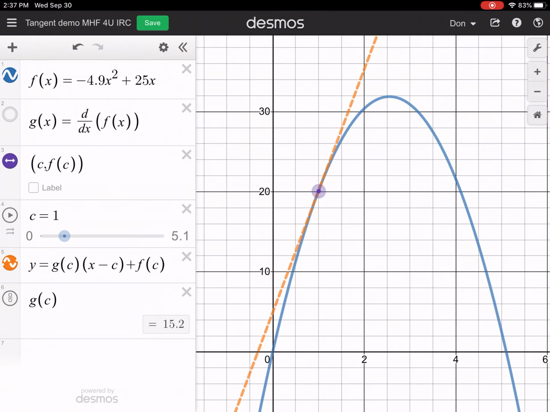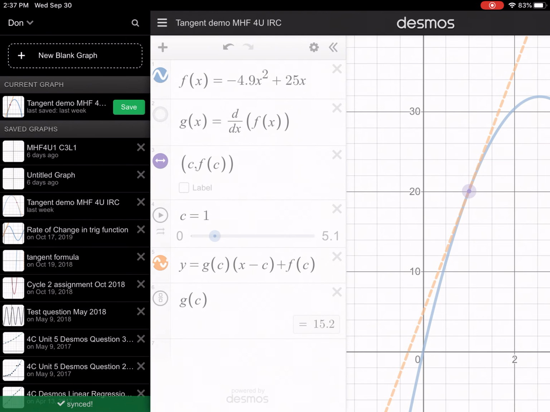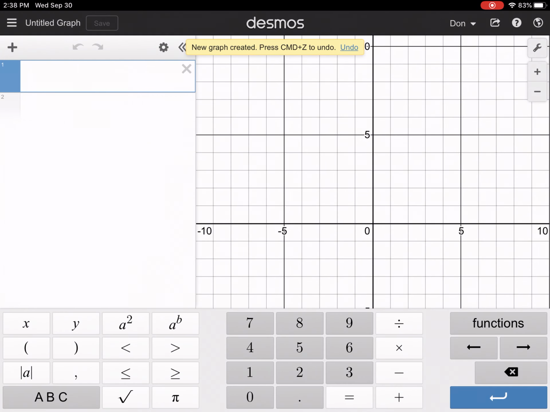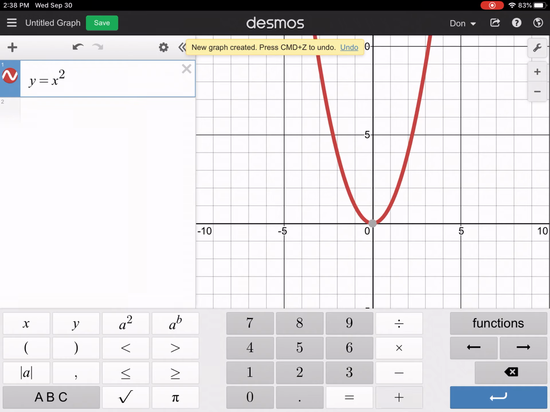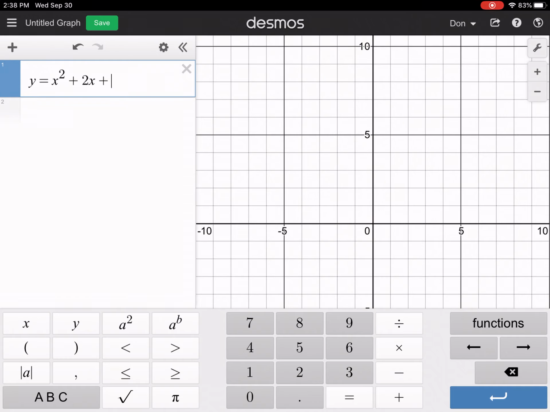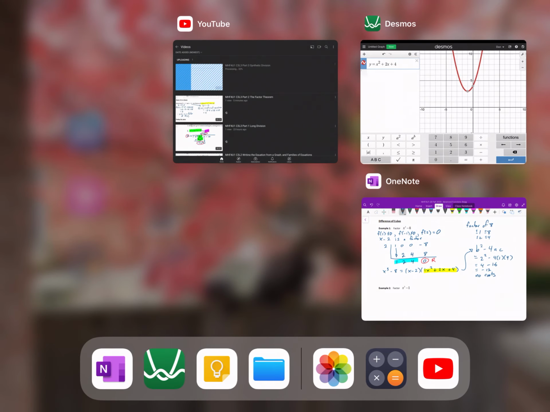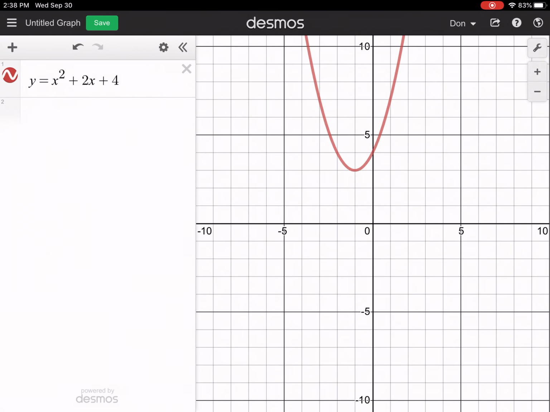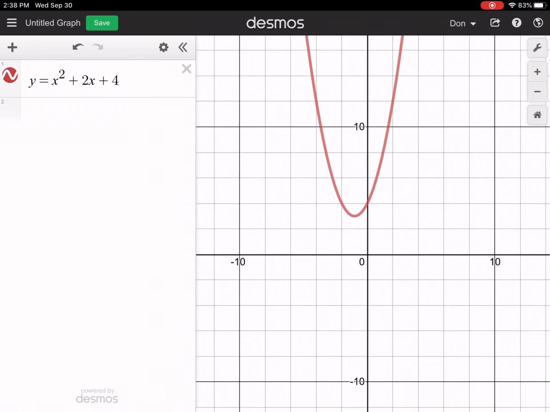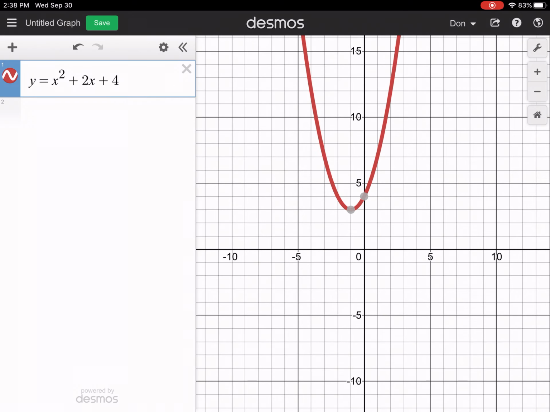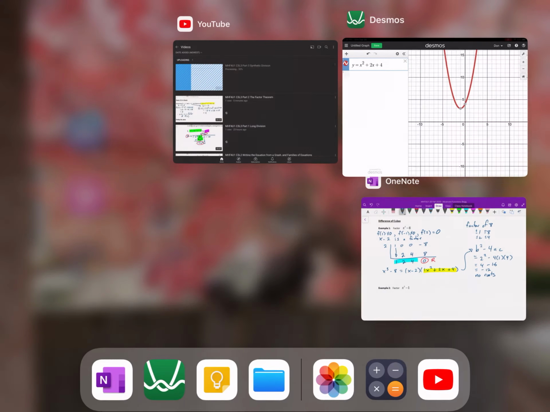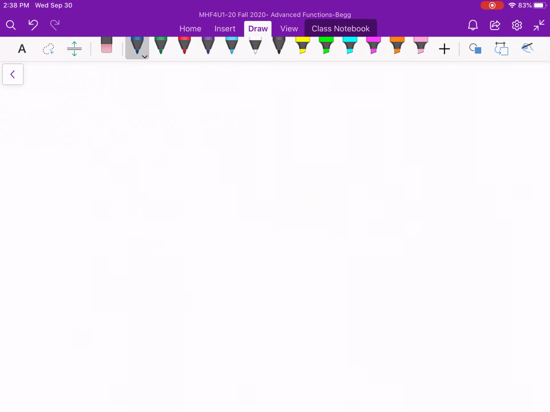If I go to Desmos, y equals x squared plus 2x plus 4. I think that's what it was. Let's just confirm. Yes. And look what we get. We get something that doesn't touch the x-axis. If it doesn't touch the x-axis, it has no zeros. It has no solutions. Can't be factored. So that part can't be factored.